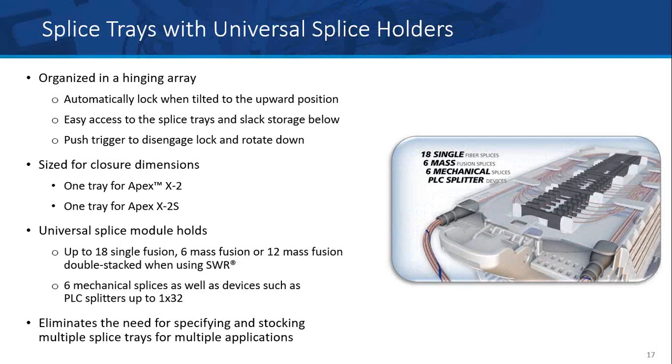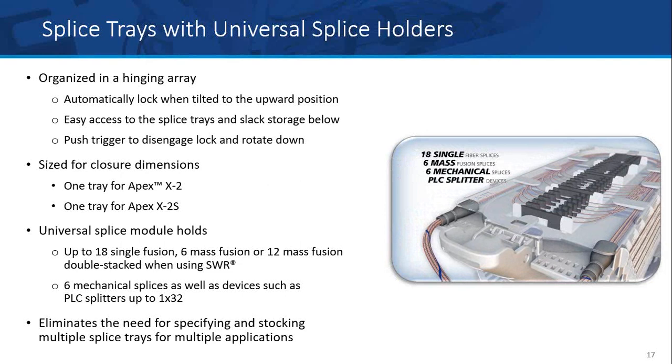Historically, a lot of splice closures require 2 types of trays, a mass fusion tray and a single fusion tray. Oftentimes, the mass fusion tray is deeper because of the rigid matrix ribbon. So what we've done is we've really dialed in what the right amount of height is to still support standard mass fusion, but then give you the added depth that you need to really pack the density inside of each splice tray to get you to some of these higher fiber counts, including the 3456 I mentioned earlier.